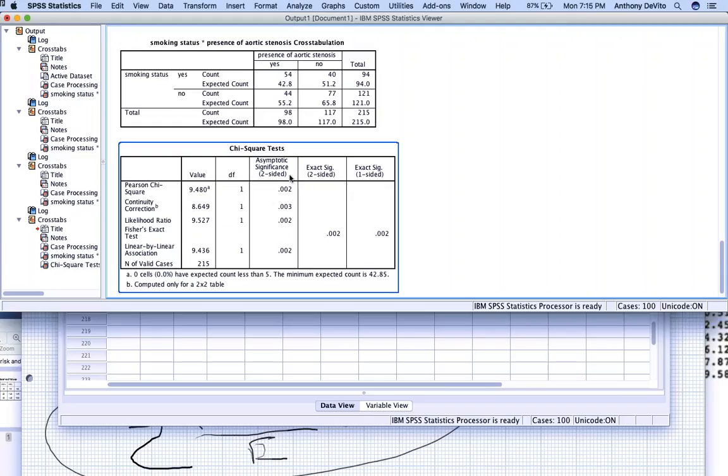Well, SPSS has a little bit of an advantage here. It actually calculates the probability of being wrong if you reject the null hypothesis. So not only do we know it's going to be less than 5% because we exceeded the critical value, but we know, in fact, it's going to be less than 1%. It's 0.002, so we could reject the null hypothesis even at alpha equal to 0.01.